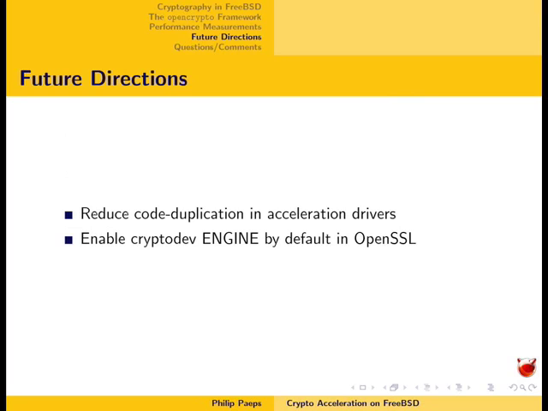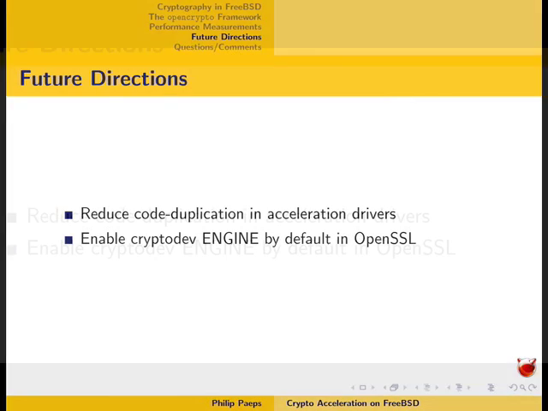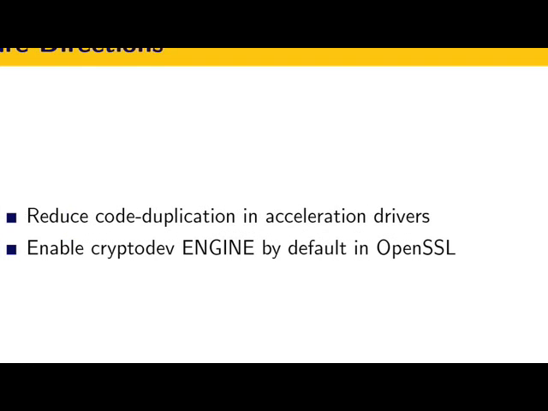There are a number of things that are still missing in the whole open crypto world. One of the things that's currently bothering me is the code duplication. If a hardware accelerator does not support a certain algorithm, you have to fall back to software. Currently, most accelerators only implement one algorithm, usually AES of some description.